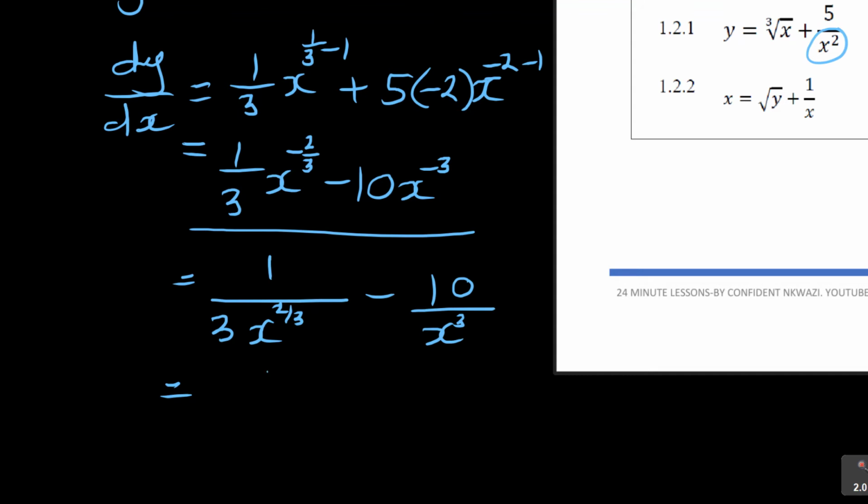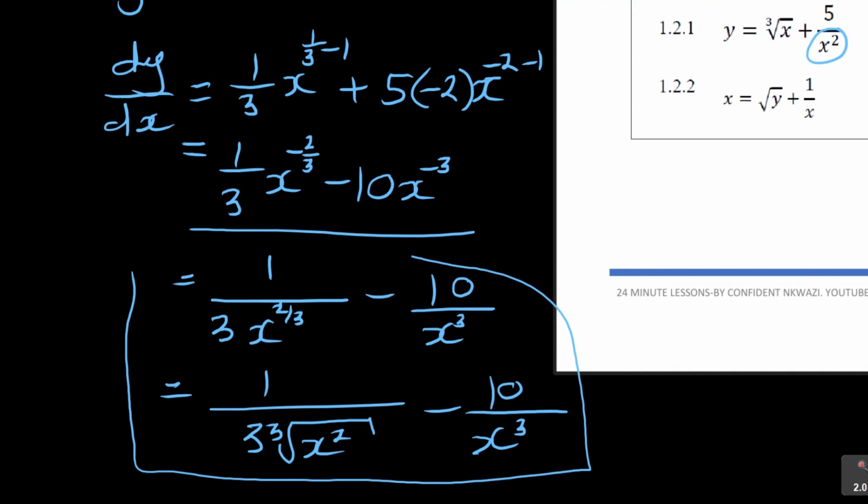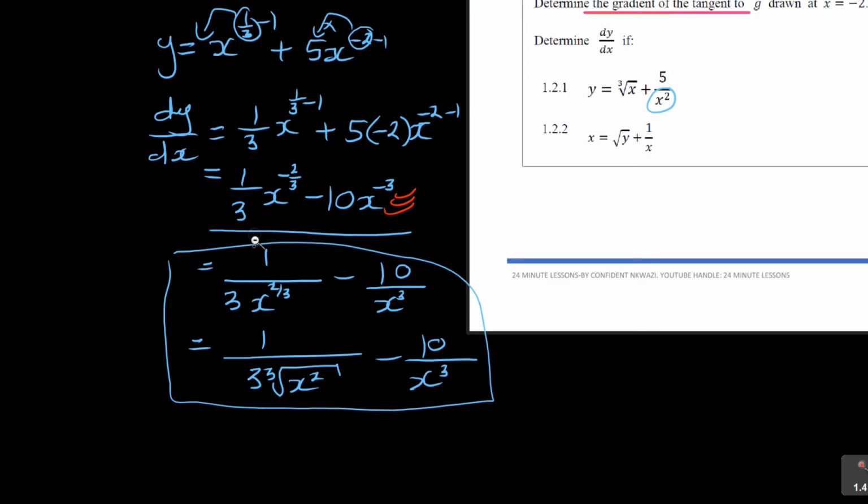If you want to include surds, it's 1 over 3 times the cube root of x squared minus 10 over x to the power of 3, if you wanted to get further. But trust me, that is done there. You don't have to go further. Are you with me? I hope this makes sense to you.